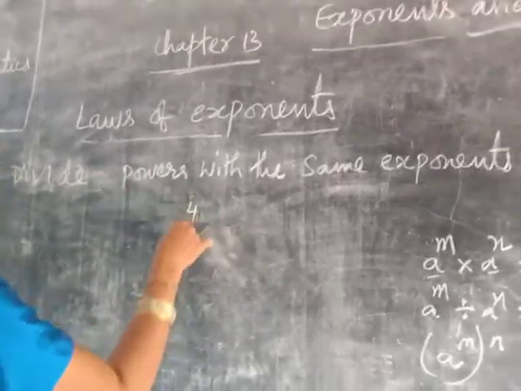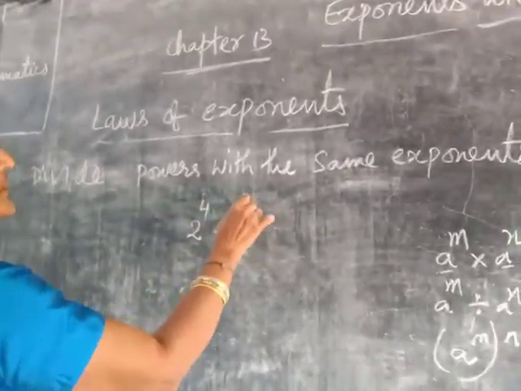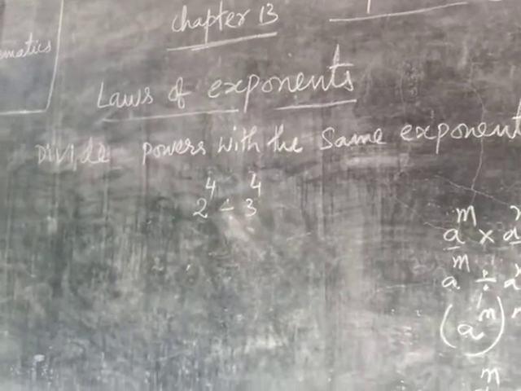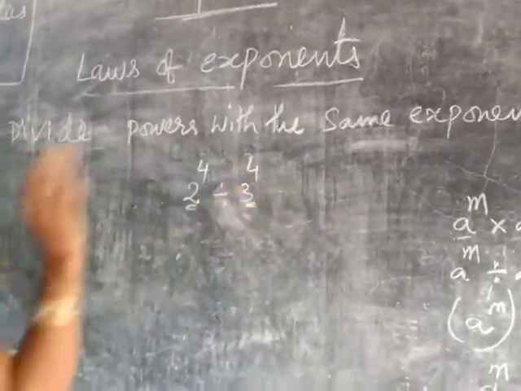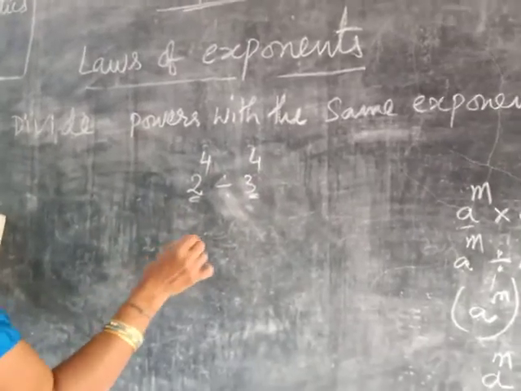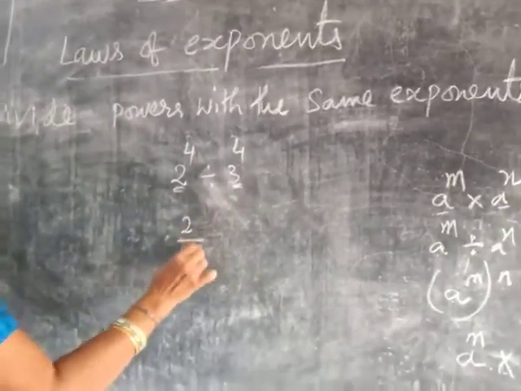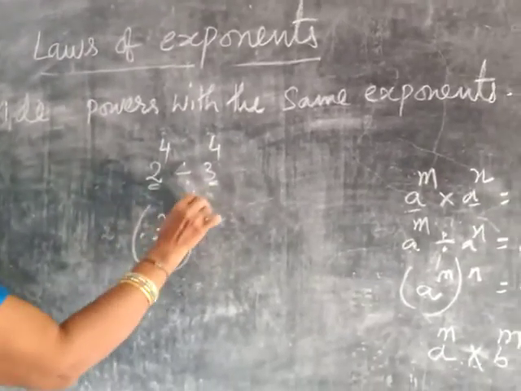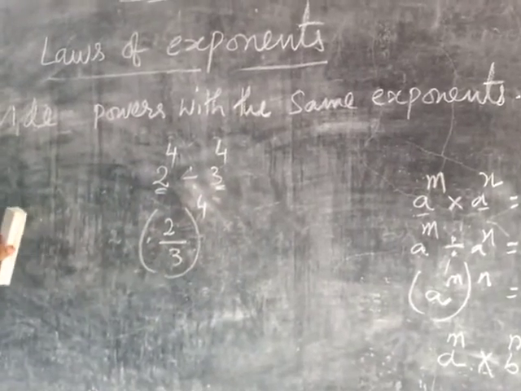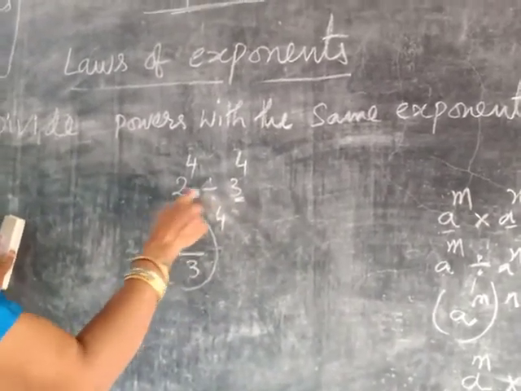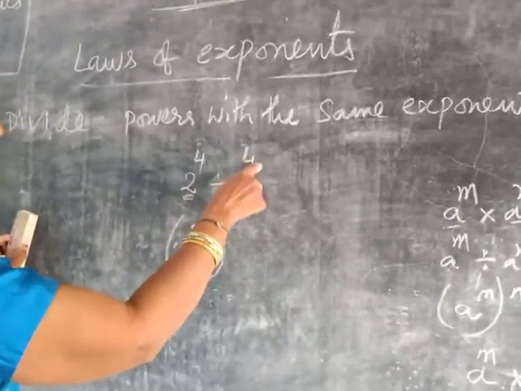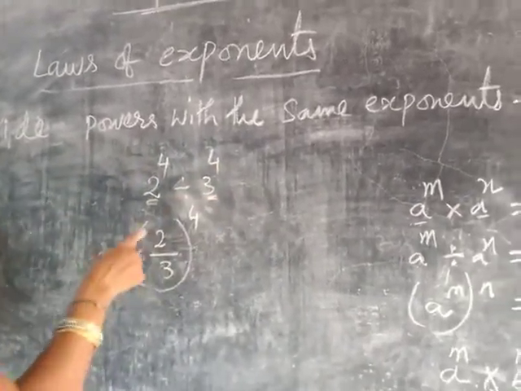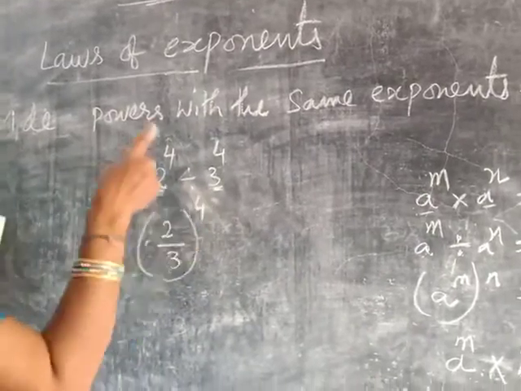Suppose 2 to the power 4 divided by 3 to the power 4 is given. How will you do it? See, the bases are separate but the exponents are equal. At that time, what will you do? 2 by 3 whole to the power 4. Like this way you have to write. Do you understand? Multiply means you multiply these two bases and write one exponent. Here, divided means you divide the numbers and write one exponent.